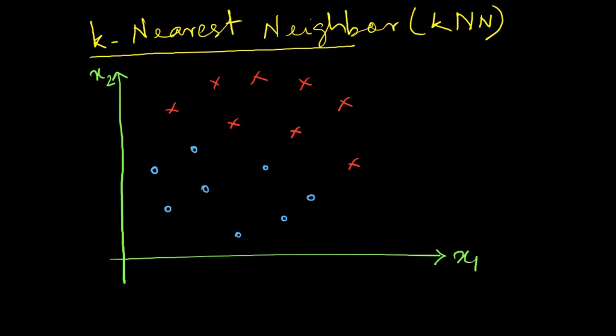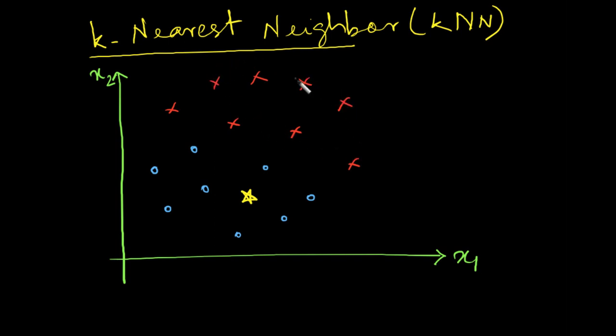And now what you get is a new data point, which is located over here. And now you are expected to find out whether this data point belongs to this class of blue points or to this class of red points.